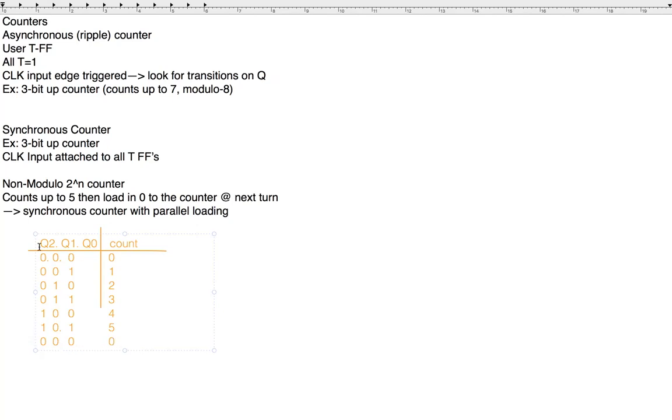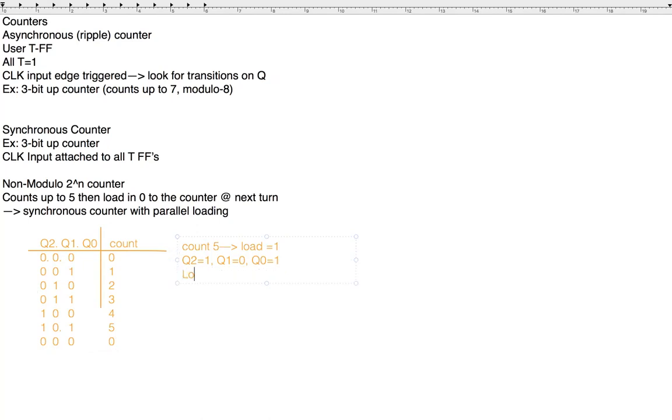Okay, so when the count reaches 5, then we're going to make the load equal to 1. And so that's when Q2 would equal 1, Q1 would equal 0, and Q0 would equal 1, because that's the value for 5, 1, 0, 1 in binary.